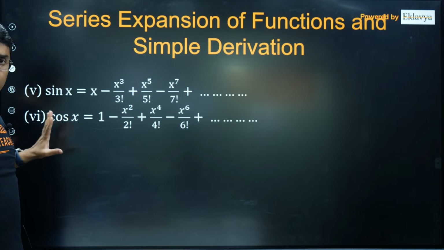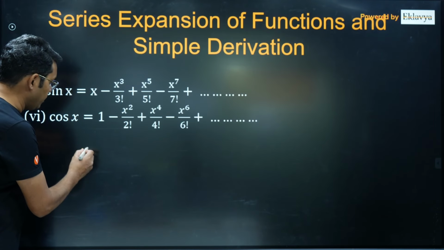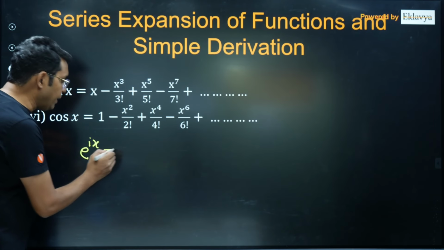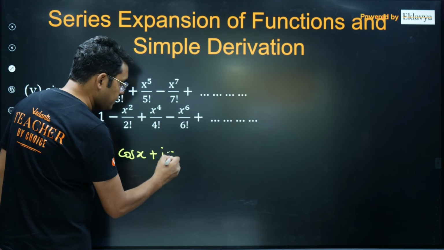Then comes sin x and cos x. To get sin x and cos x, the simple idea, which I think you must already know, is that e power iota x is equal to cos x plus iota sin x.